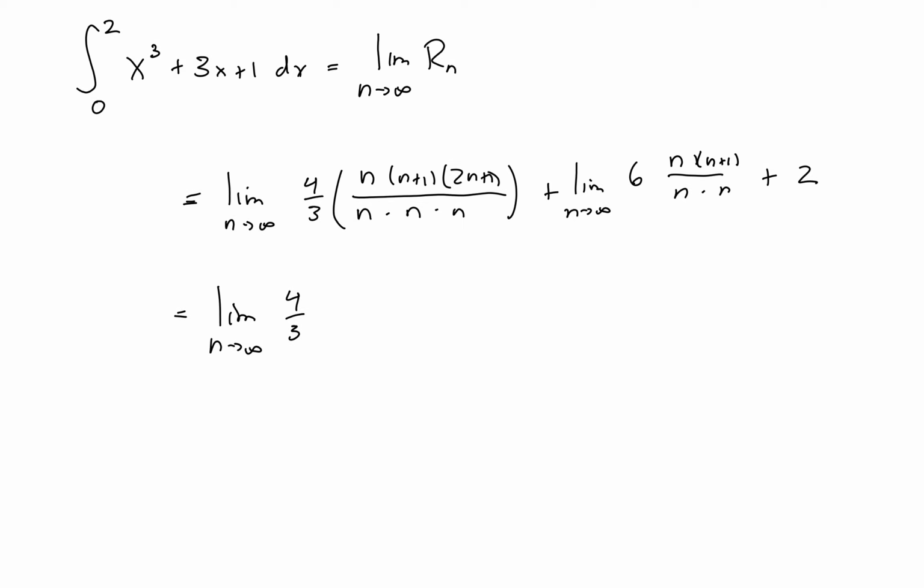And now when we simplify this, because we want to take this limit, this 4/3 stays the same, and then just look at each and simplify each of these things on their own. So this becomes a 1. This part, if I divide that out, it becomes 1 plus 1 over n. And this last one becomes 2 plus 1 over n. And we do the same thing for the others.